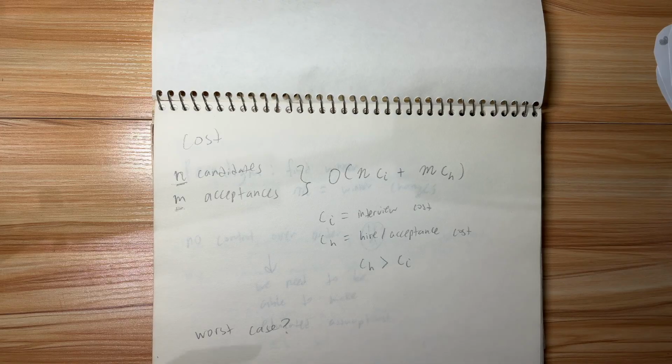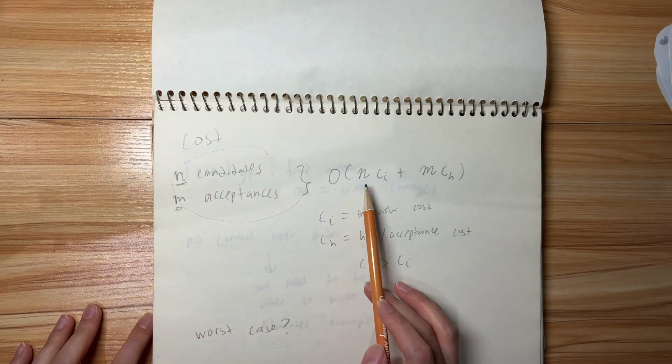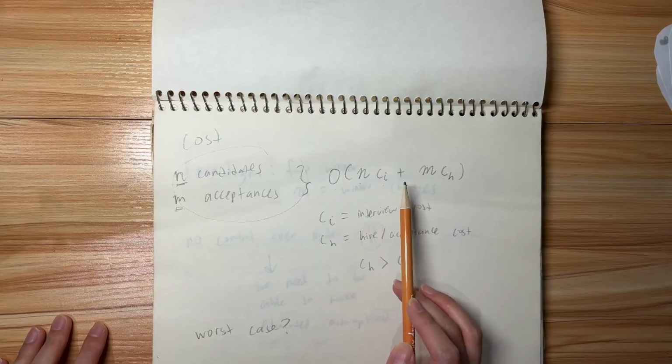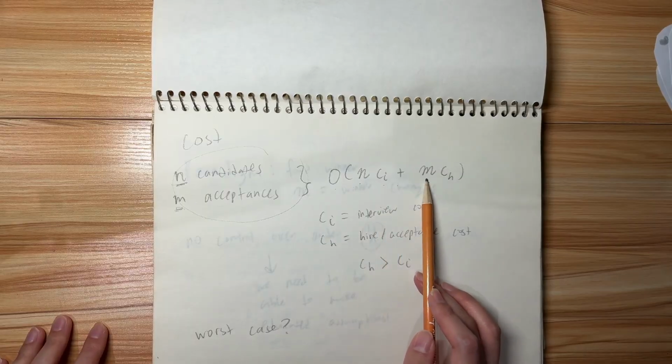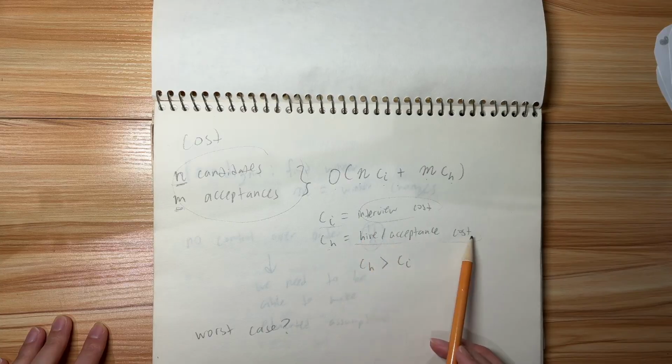So we swap them out 3 separate times. So the cost of this is just O of n times ci plus m times ch, where ci is the interview cost and ch is the hire or the acceptance cost.